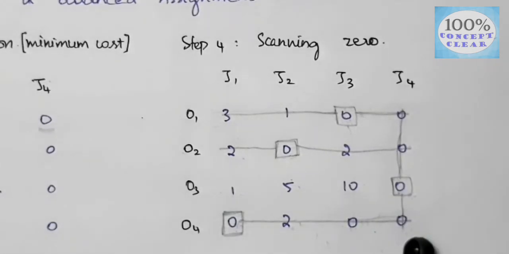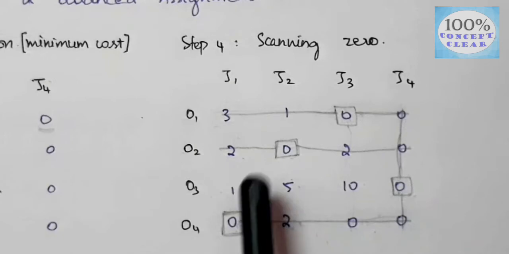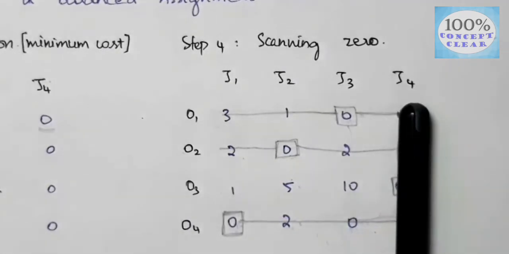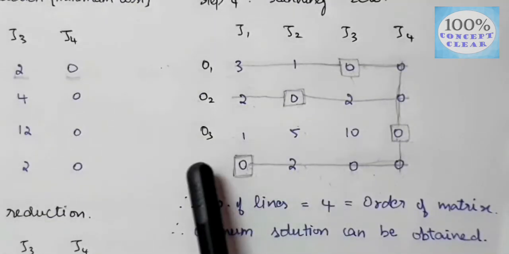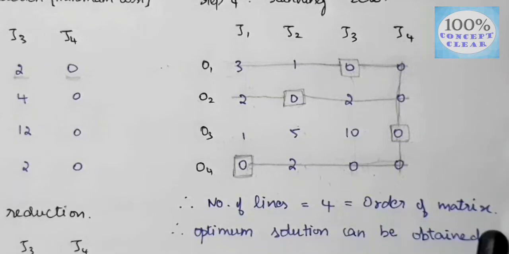So we have 4 lines and the order of our matrix is 4 into 4 matrix. So both our lines and order of matrix is equal. Therefore, number of lines is equal to 4 is equal to order of matrix. Therefore, optimum solution can be obtained.